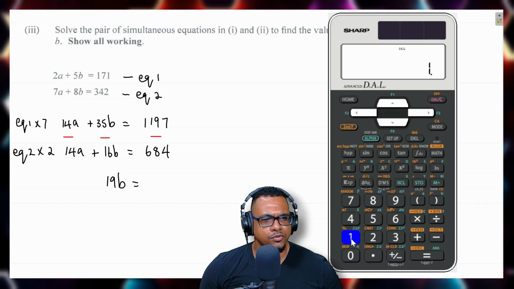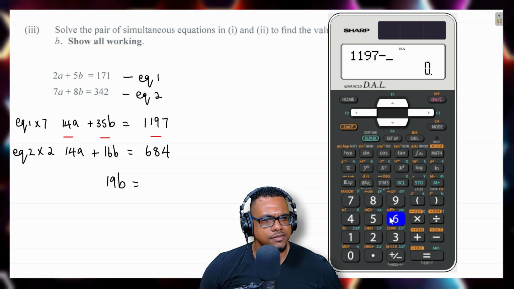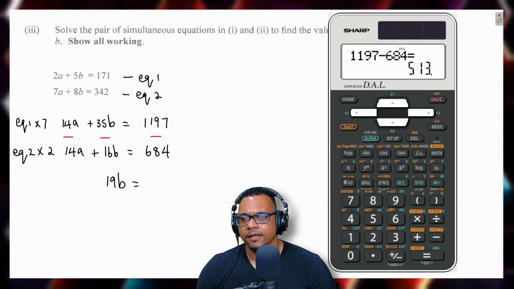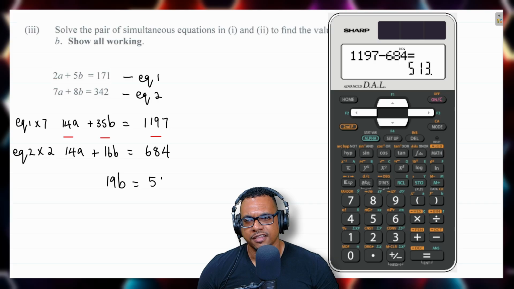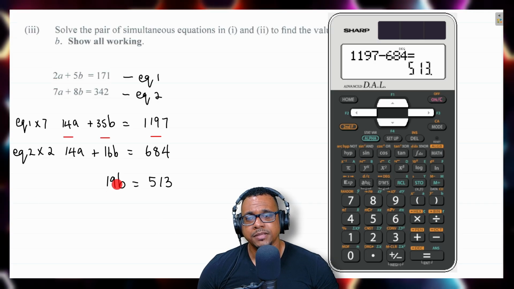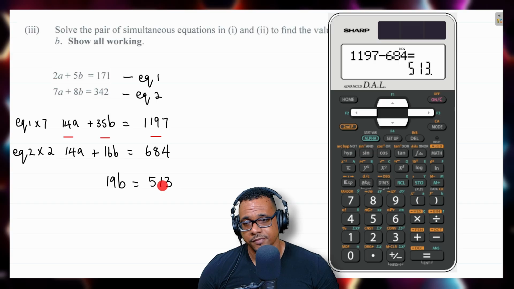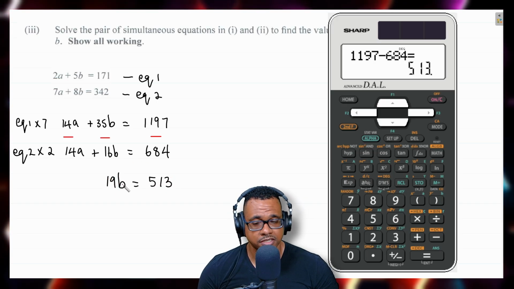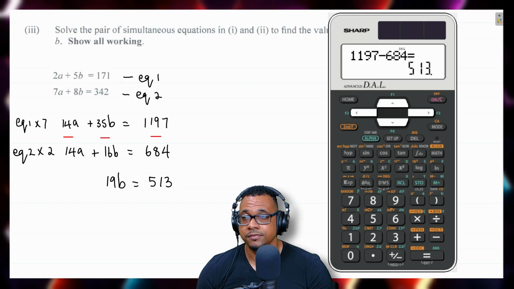So we have 1,197 take away 684, and that's equal to 513. So now we have 19B is equal to 513. So we transfer the 19 across. The operation between 19 and B is multiplication, so we transfer it across into division.